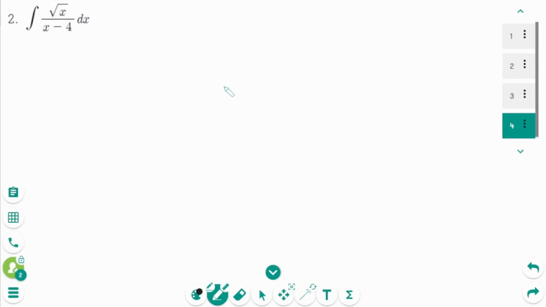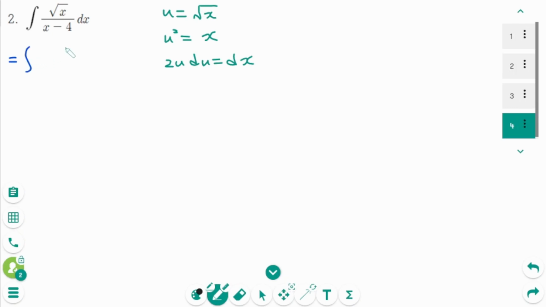Question 2. Use the substitution. Let u equal square root of x, square on each side, u squared equals x, then differentiate each side, 2u du equals dx.